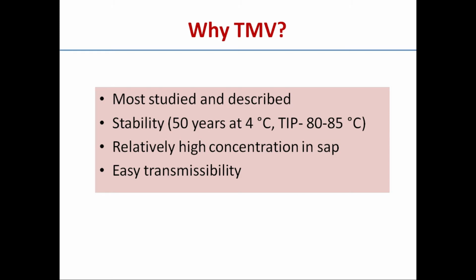That means if the virus is heated at 80 to 85 degrees Celsius for 10 minutes, then the virus will become inactive. So tobacco mosaic virus has very high stability, it is found in relatively high concentration in sap, and transmission is also easy. It is sap transmissible. These are the factors which helped tobacco mosaic virus to remain in the focus of research studies by plant virologists.